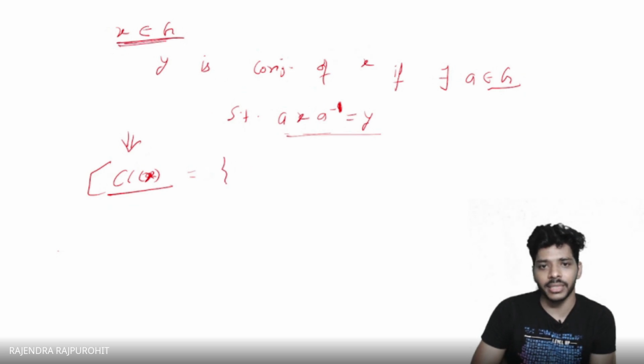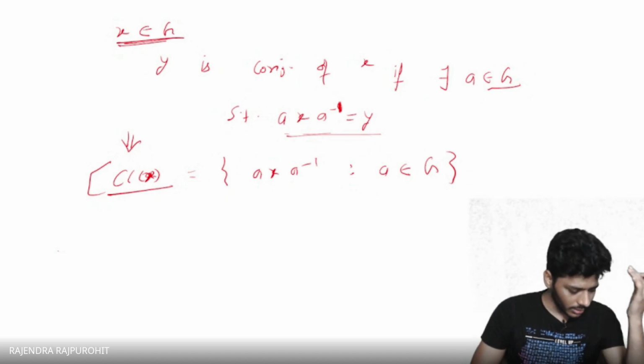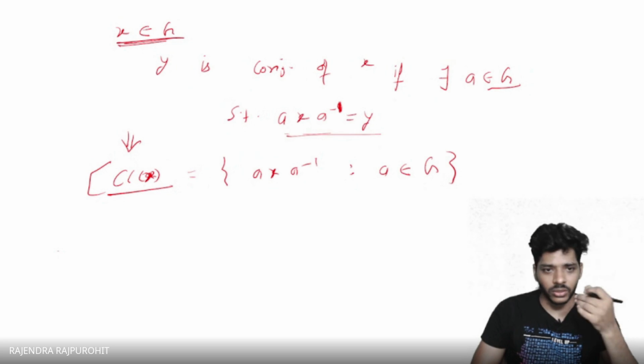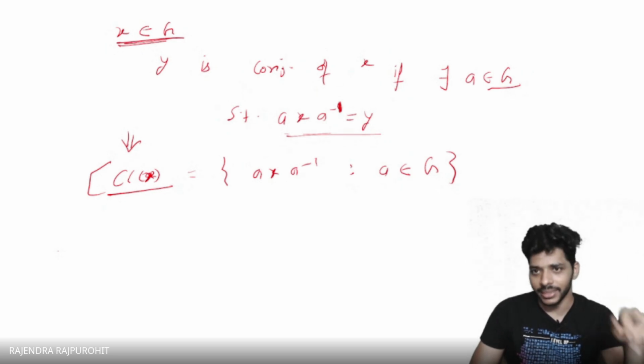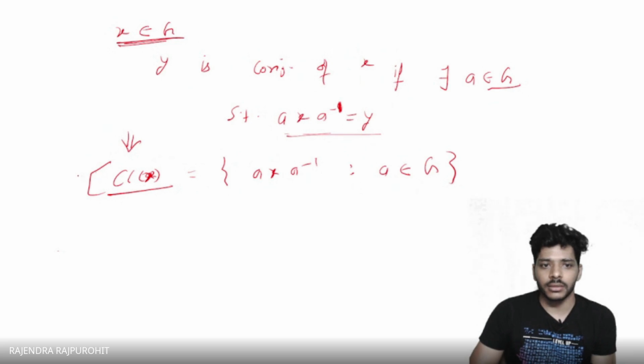So you take a x a inverse for all a belonging to the group G. It means you take this x and operate a and a inverse from both sides, and all the elements that you get, you list into this set. This will be called the class, or the conjugate class, of that particular element. So every element has its own conjugate class.